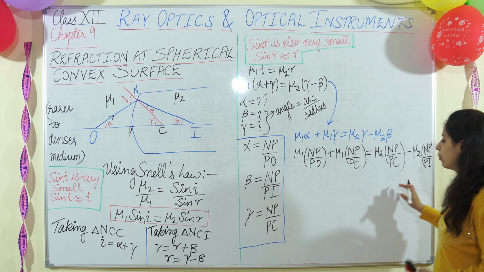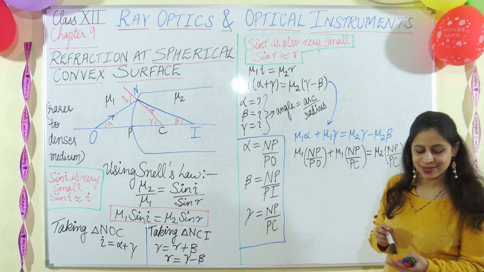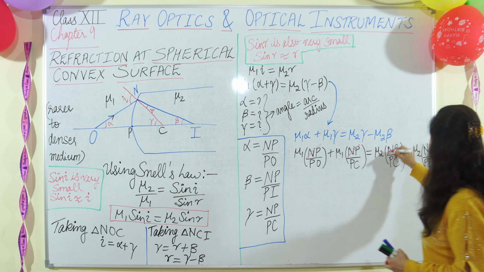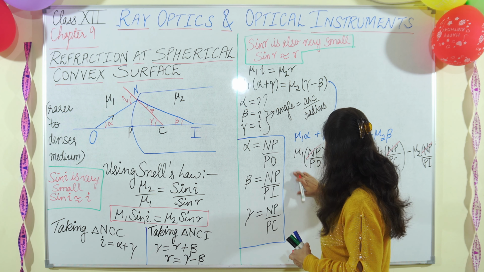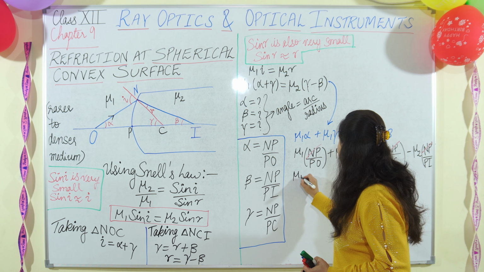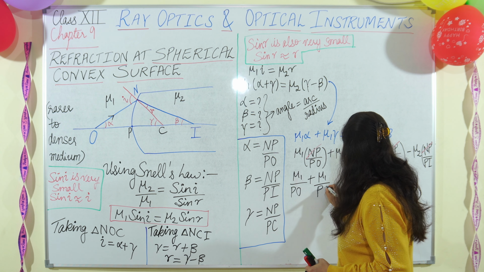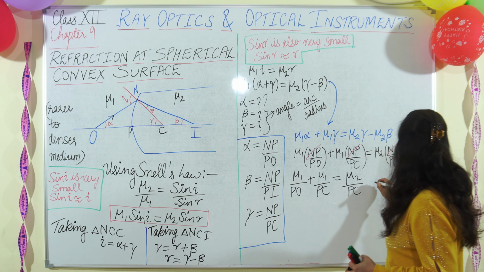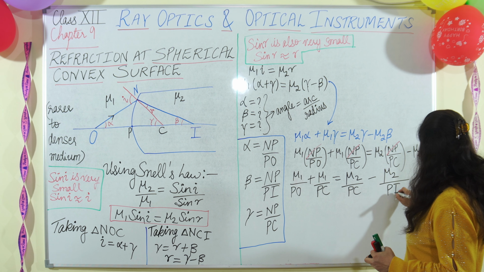So we got these values over here now. NP, if we take common from LHS and RHS, it will get cancelled. So we can easily cancel the NP value. So we are left over here with mu1 upon PO plus mu1 upon PC is equal to mu2 upon PC minus mu2 upon PI.